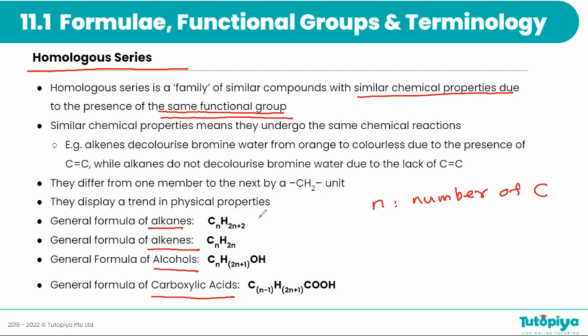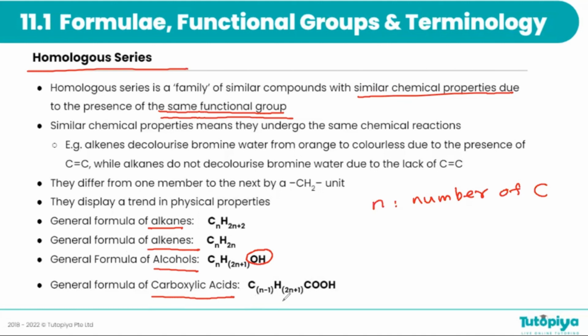So the only thing in a homologous series that changes is the number of carbons and therefore the number of hydrogens as well. And then for the alkenes, we have the general formula CnH2n. For alcohols, it is CnH2n+1OH. OH is the functional group that is common in alcohols.